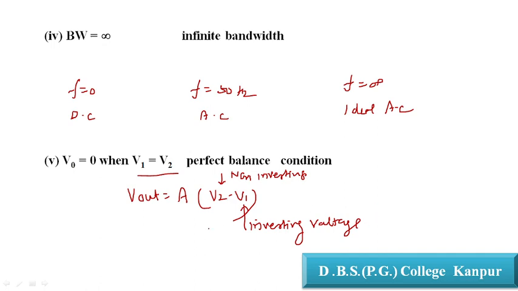Here A becomes AD, where AD is the differential gain.